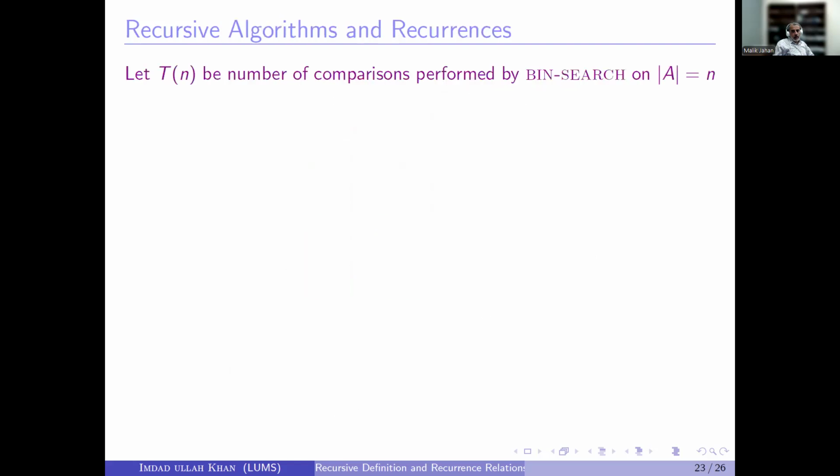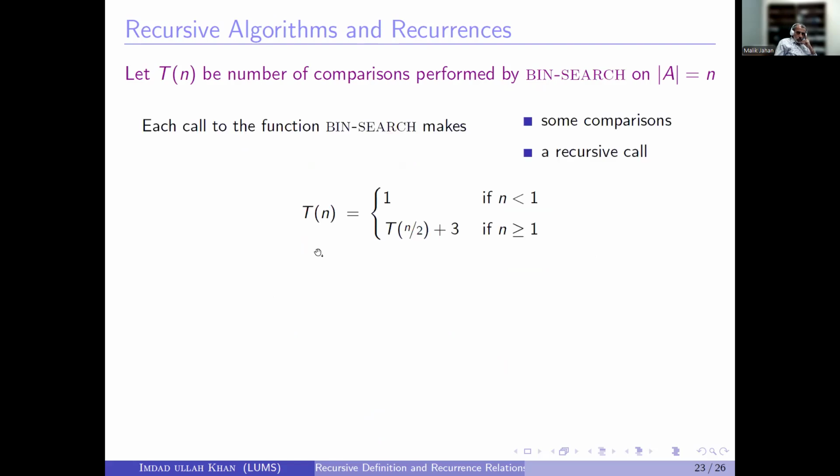We are back to binary search. We have been given an array of size n. Our task is to compute the number of operations or comparisons required by binary search. So we define this as a recurrence relation.